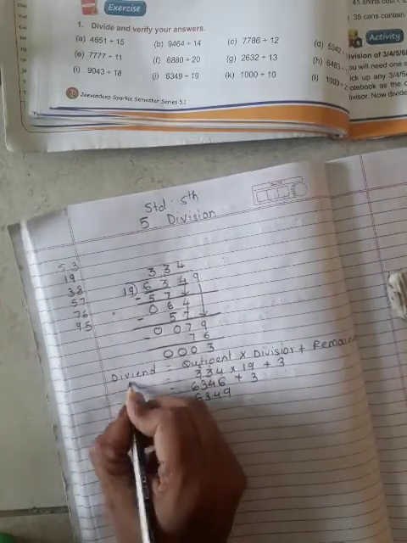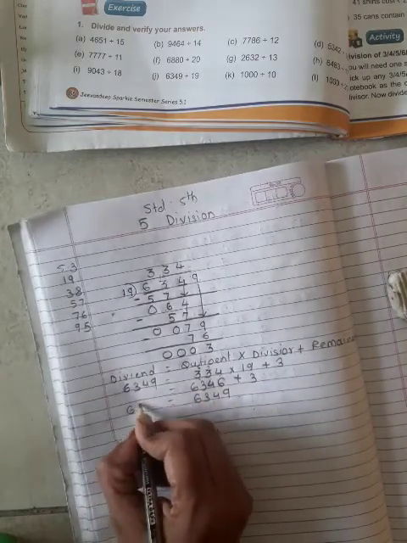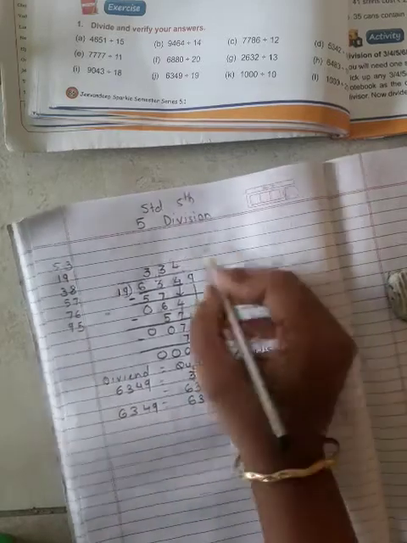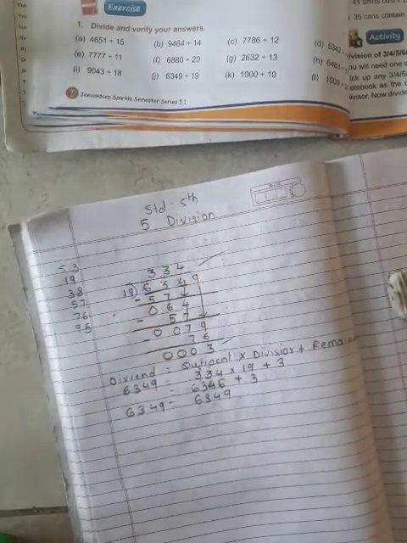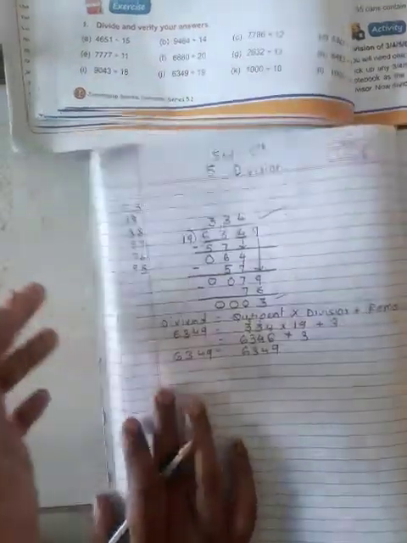What is the dividend number? 6349. Got it? It means your answer is correct. Understand? All of you understand?